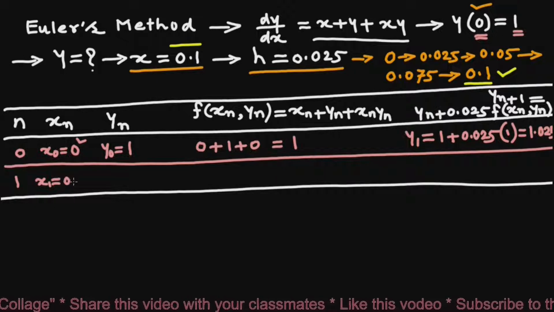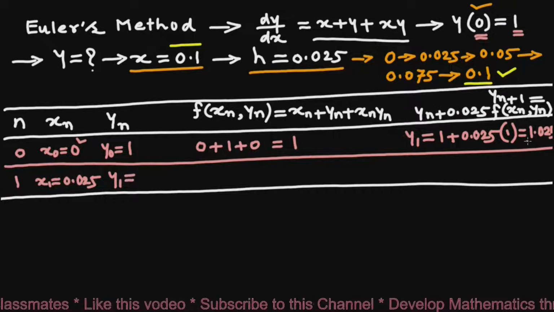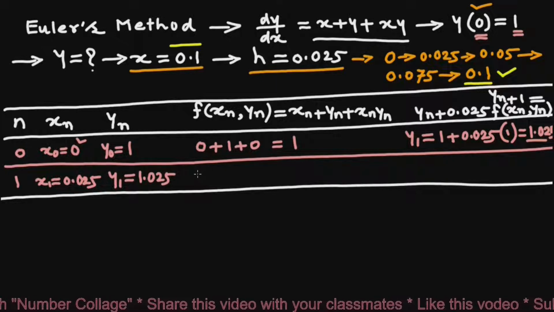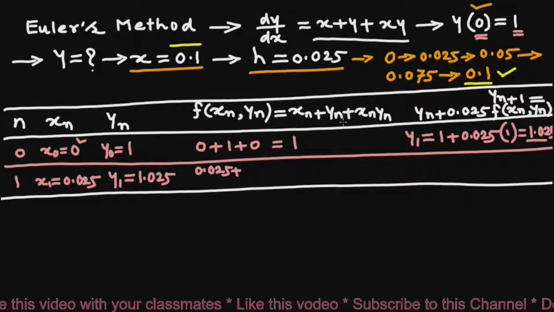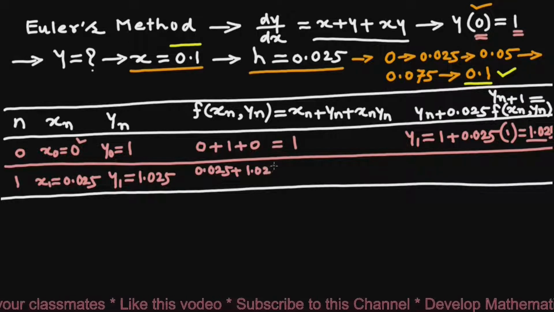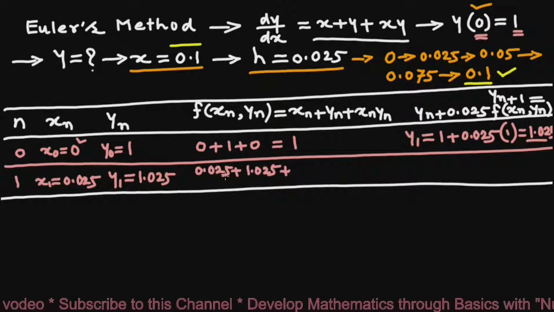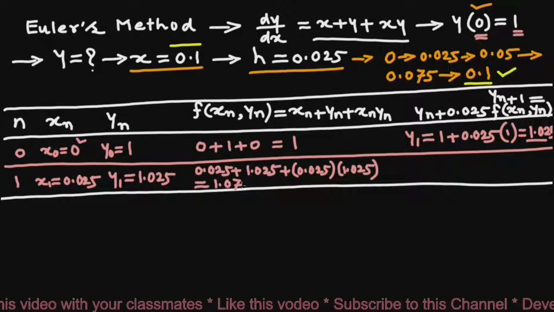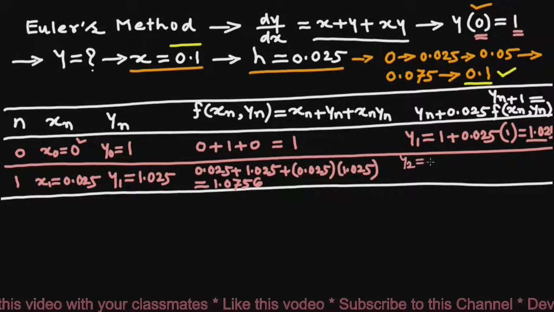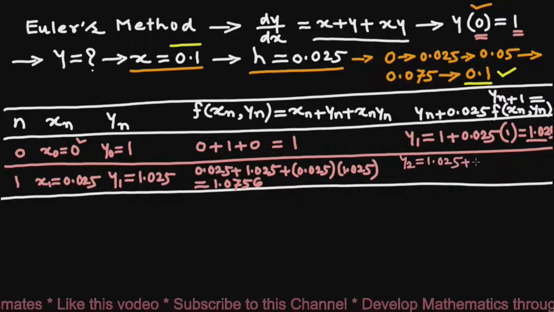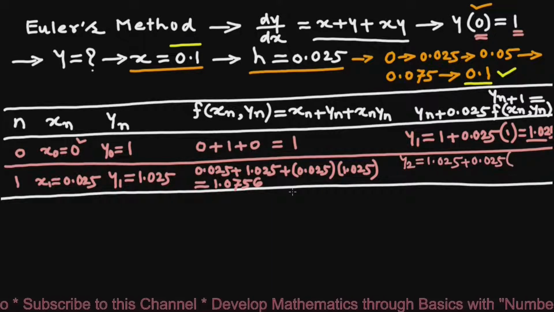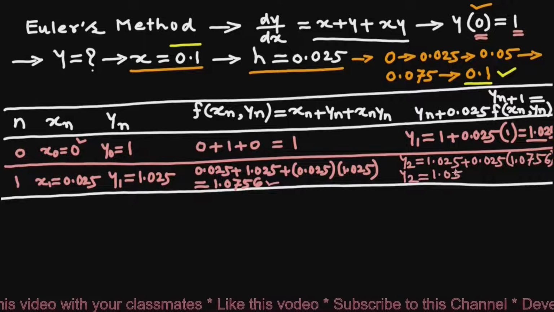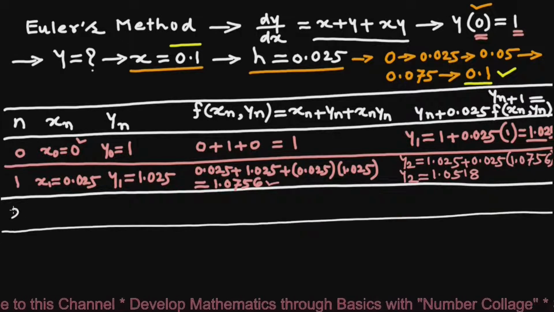So x1 will be 0.025. y1 will be this 1.025. f of xn yn will be x1, which is 0.025, plus y1, which is 1.025, plus product of 0.025 multiplied by 1.025, so that will be 1.0756. y2 will be y1, which is 1.025, plus 0.025 multiplied by this 1.0756, that will be 1.0518.